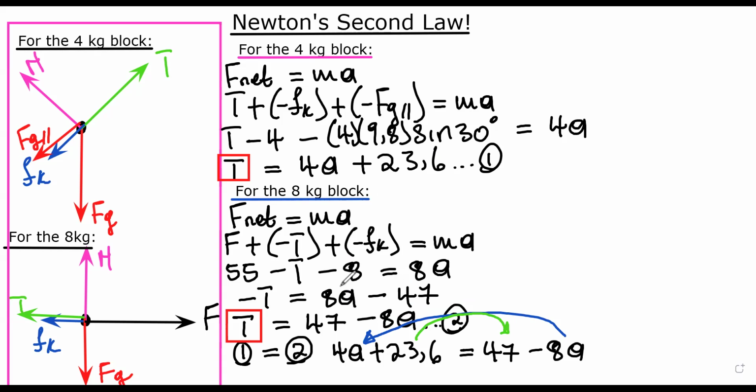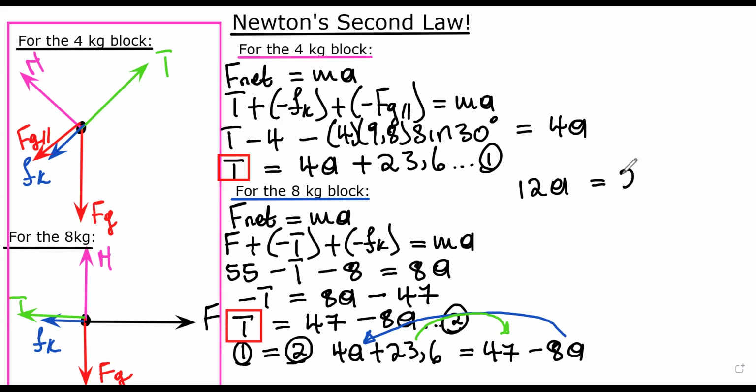So now what do we have? Well, the 8A becomes positive when it gets to the left. So now we have 12A. Now what about on the right? Well, on the right, we have 47 minus 23.6.